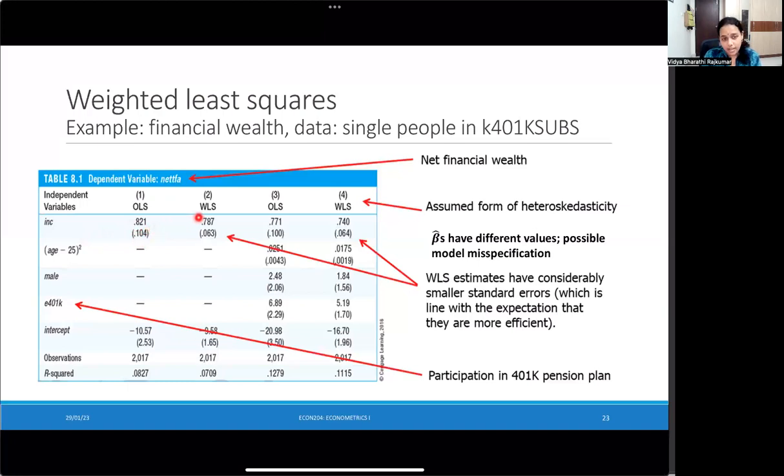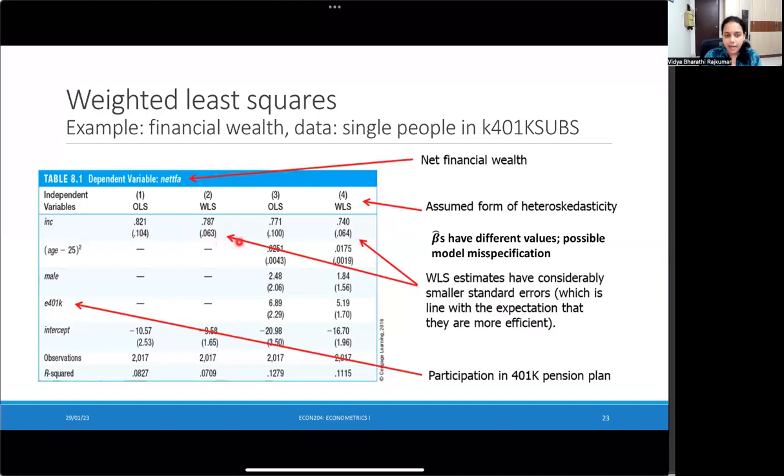If we use the weighted least squares model, for an extra $1 of income, their net wealth goes up by about 79 cents. But notice the standard errors here. The OLS standard errors are a little bit larger than the weighted least squares standard errors. So this is in line with our statement that WLS models are more efficient than OLS. And that's why they have smaller standard errors.